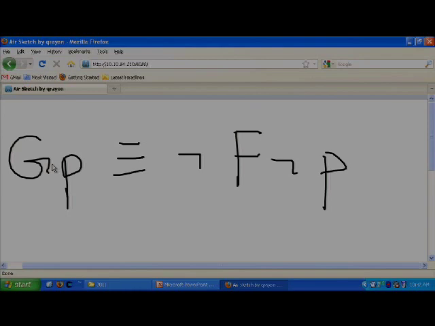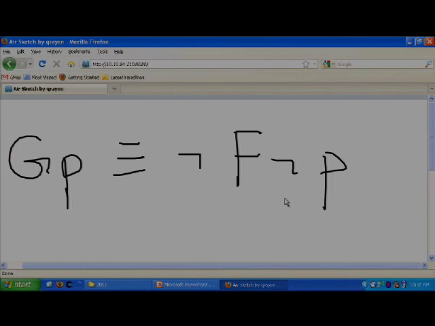You can of course express future also in terms of globally, right? You can say that future P is equivalent to it's not the case that globally not P. If P is not false throughout, it means that it is true sometime. So future of P is true.